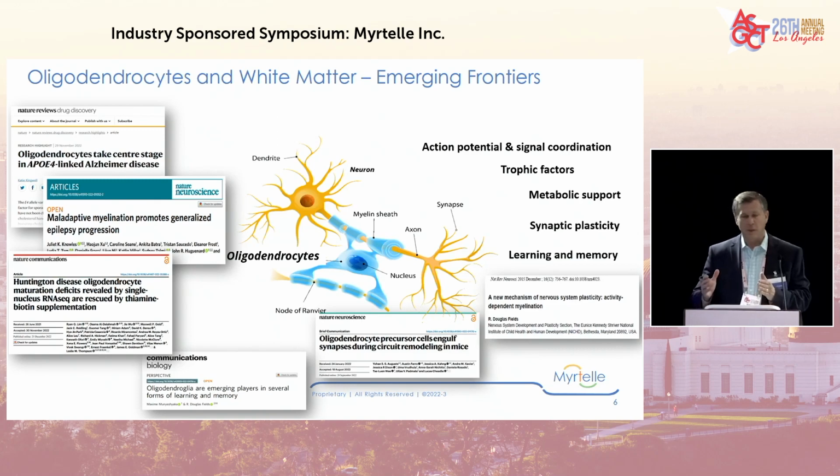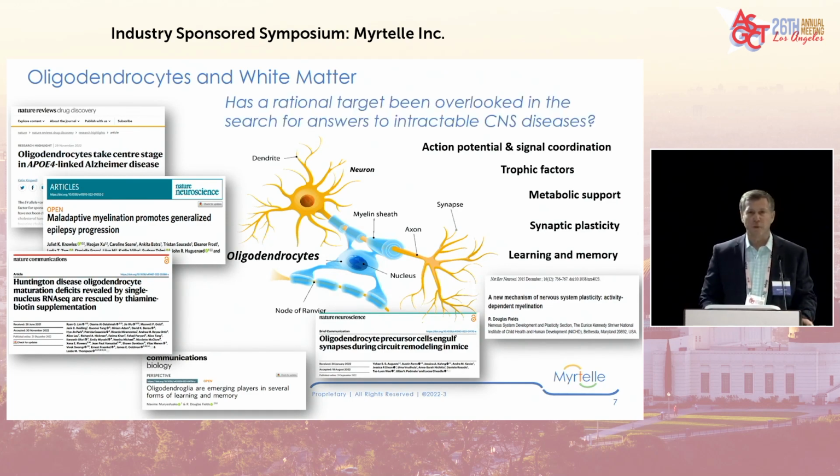There's this ability for these cells possibly to play a role in broader diseases like Alzheimer's disease, Huntington's disease, and epilepsy. Now, these things have to be proven out, but they represent really interesting starting points when you think about why we have had so much trouble developing effective therapeutics for intractable CNS disorders.